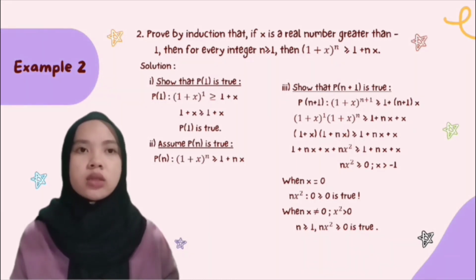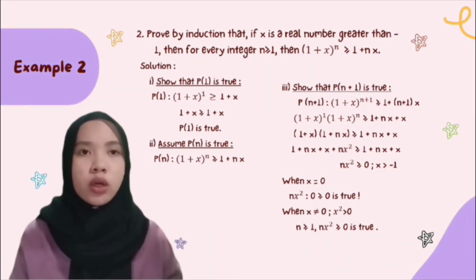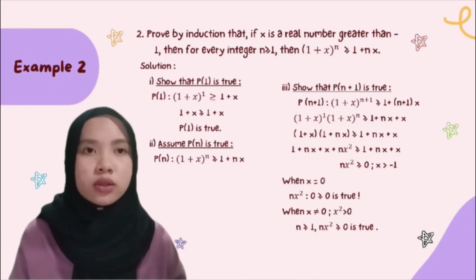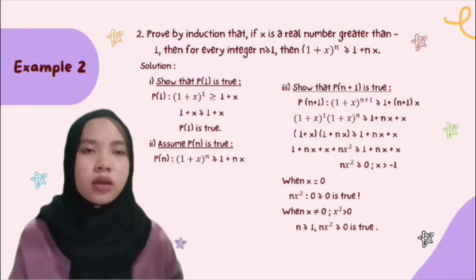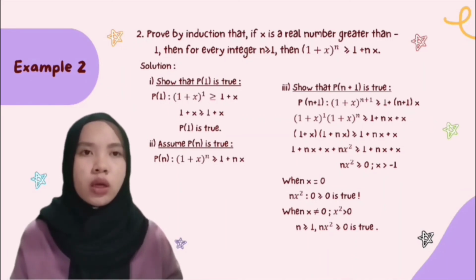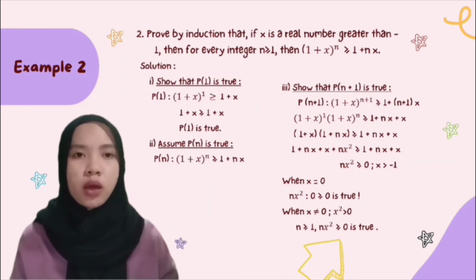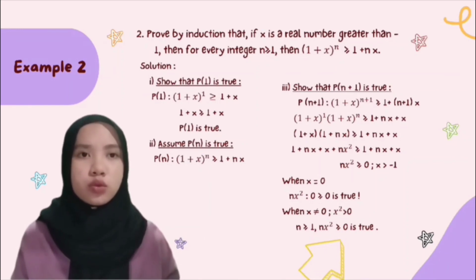When x equals 0, n times x squared will be 0, more than or equal to 0, which is true. When x is not equal to 0, x squared will be more than 0. Then the answer, n times x squared more than 0, is true.